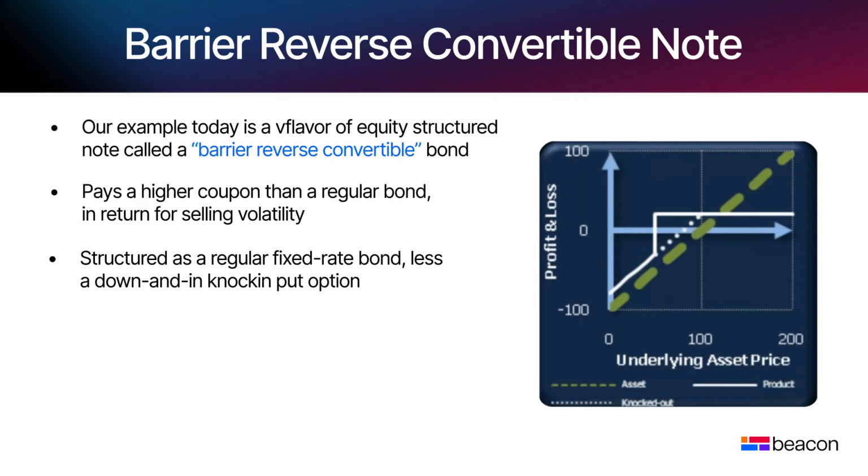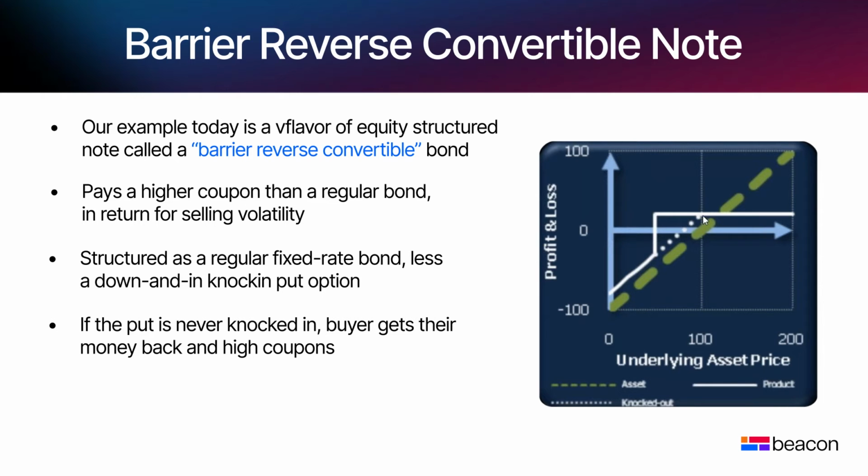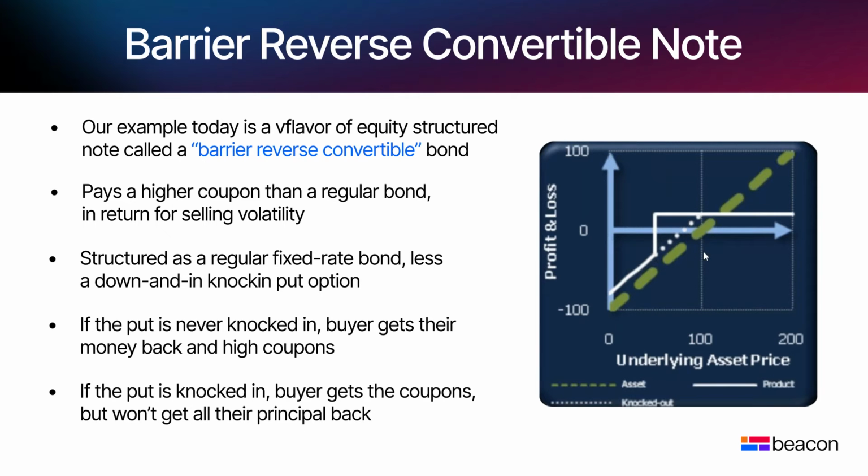So in this example here, on the x-axis is the underlying asset price, like the stock price, and on the y-axis is the P&L. So in this example, the strike price of the put option is 100, and the barrier price is 50. So if at any point during the life of the note, the stock price ever trades down through $50, then this put option gets knocked in.